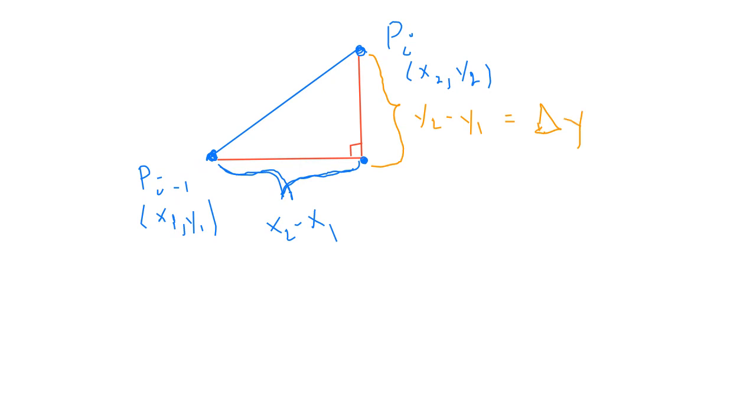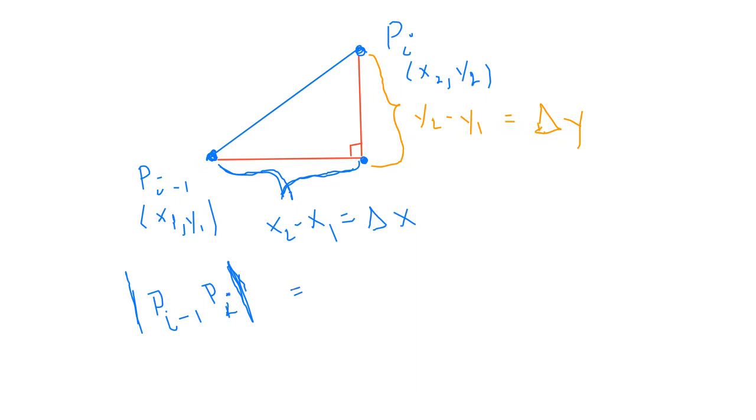If you don't mind, I'll call y2 minus y1 delta y. How many remember differentials from calculus 1? Good. x2 minus x1, I'll call delta x. And so if I want the distance between these 2 points, that's how we denote distance. This is another way of saying the distance between the points pi and pi minus 1.